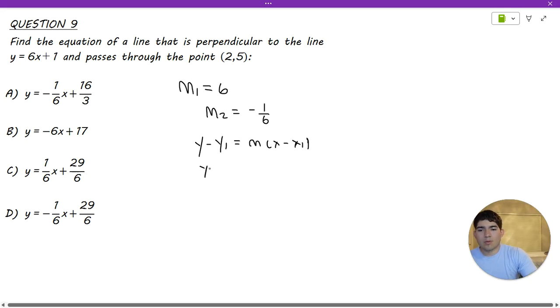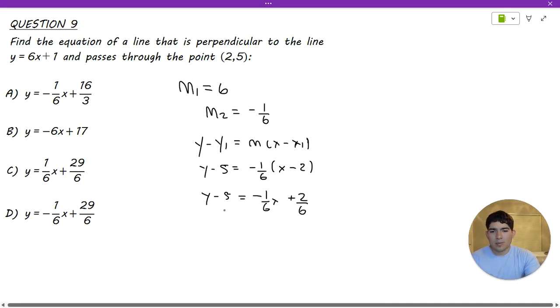So then we just plug in what we have. Y minus 5, our y1, is equal to negative 1 over 6, that's our new slope for the perpendicular line, times x minus 2 in this case. And then we're just going to do y minus 5 equals negative 1 over 6x, and then in this case, it's going to be plus 2 over 6.